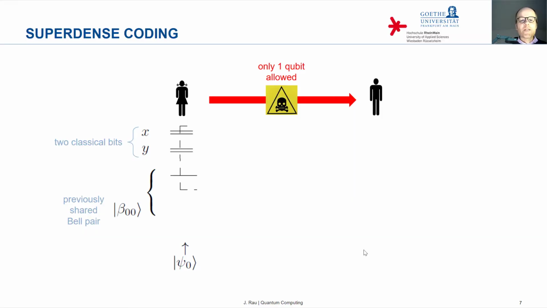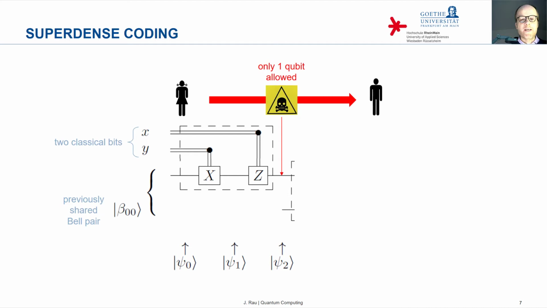Let me run through this algorithm again on the slide, step by step, and quickly summarize what we calculated on the sheet of paper. We started out with psi0, and then Alice used the second classical bit to control a Pauli X, then used the first classical bit to control a Pauli Z, then physically sent to Bob one qubit, namely her member of the previously shared Bell pair.